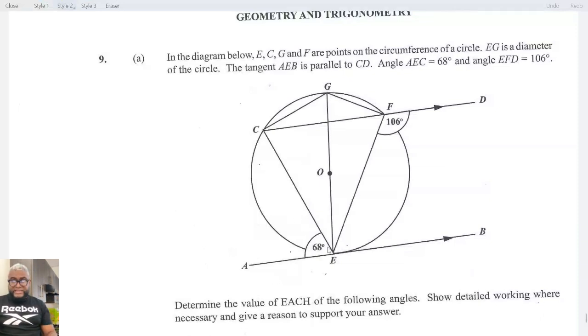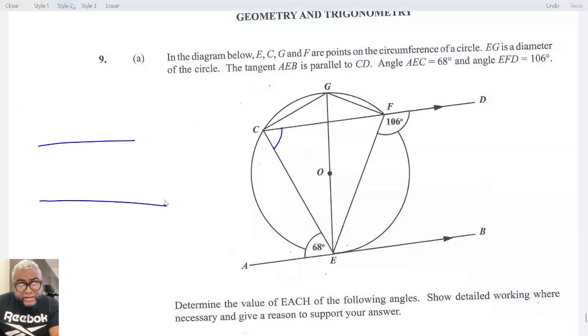So we start with ECD, that's this piece here. But I see now a pair of parallel lines and a transversal.